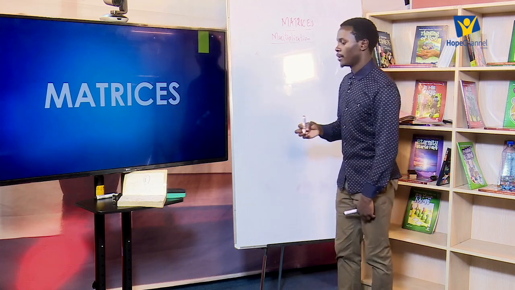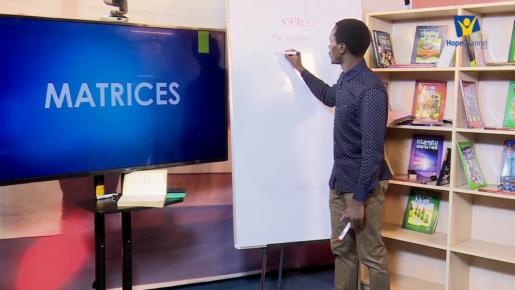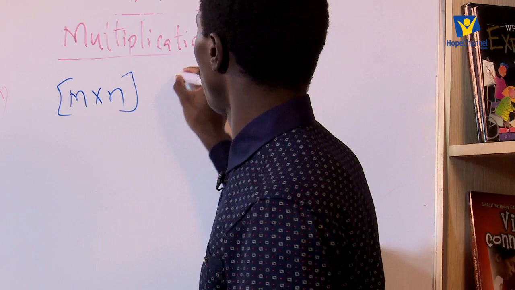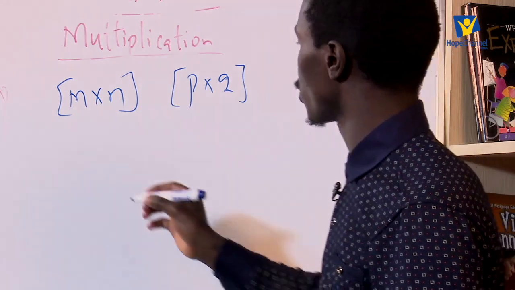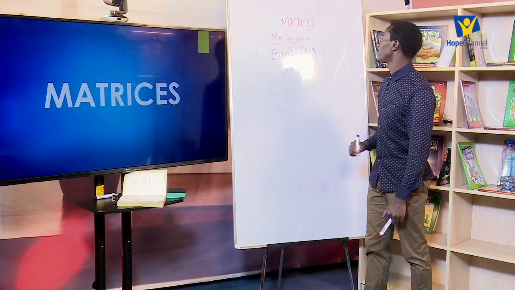Say for example, part A. Now you see, when you multiply matrices, you have to be very careful, because there are some cases when multiplication cannot occur. But generally, when you are multiplying matrices, let's say you're multiplying a matrix of order M times N, by another one of order maybe P multiplied by Q. The solution will have the number of rows of the first multiplied by the number of columns of the second.